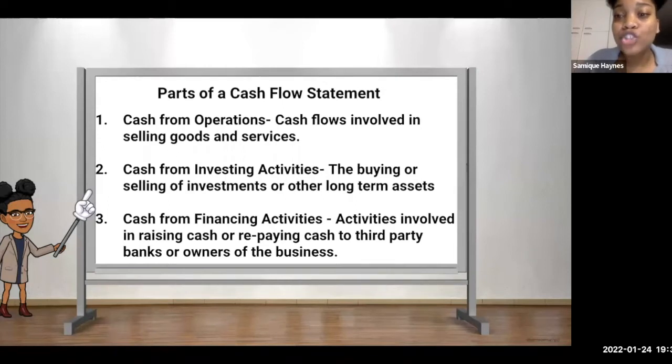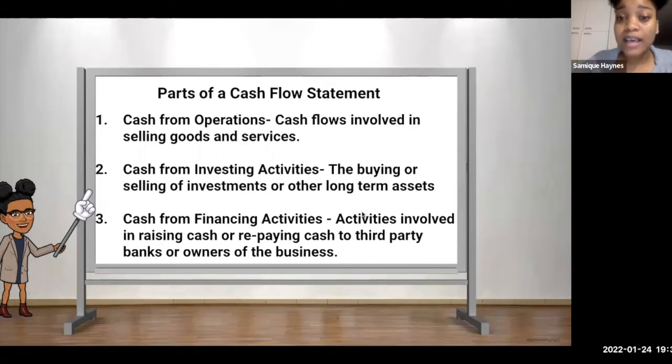Investing only has to do with long-term assets. That's it. Long-term assets, buildings, vehicles. As long as it has to deal with raising funds through your liabilities or equity, it'll be a financing activity. Cash can come in due to your liabilities when you get a loan, but cash can also go out when you have to repay that loan.